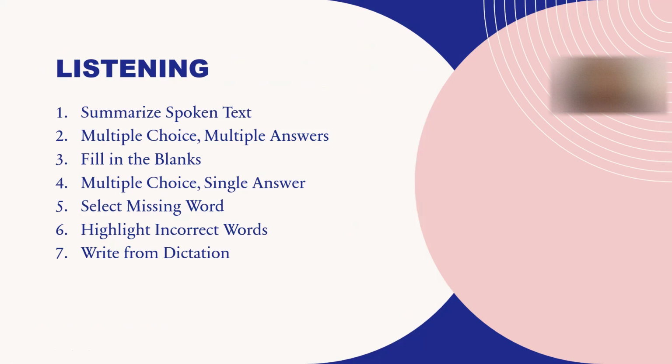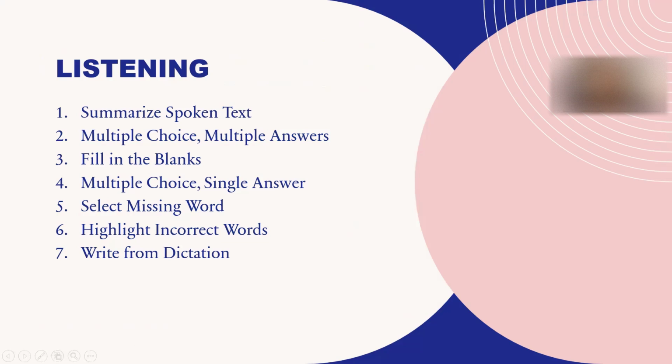Select missing word, there will be a beep sound in place of a word. Highlight incorrect words, there will be one paragraph, and the speaker will speak that paragraph, and some words they will pronounce wrongly or replace with another word, so you have to highlight those words.